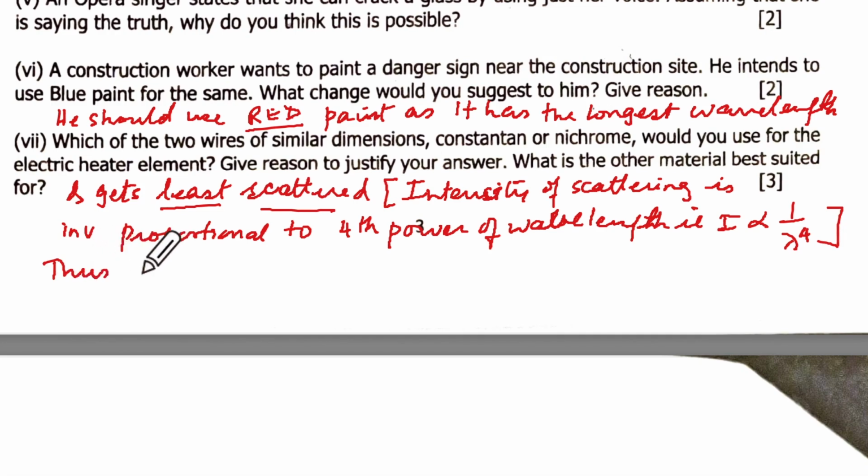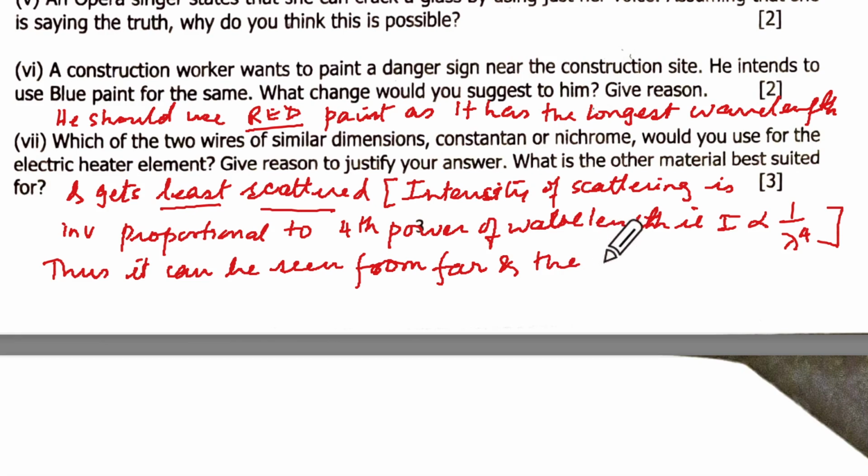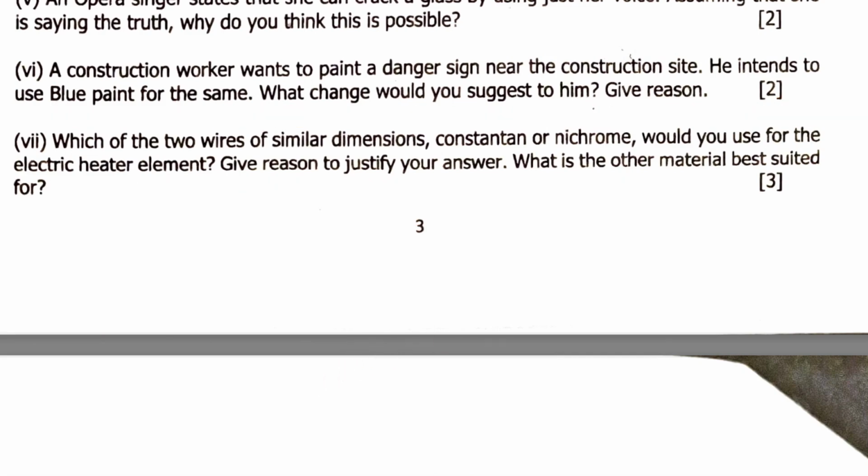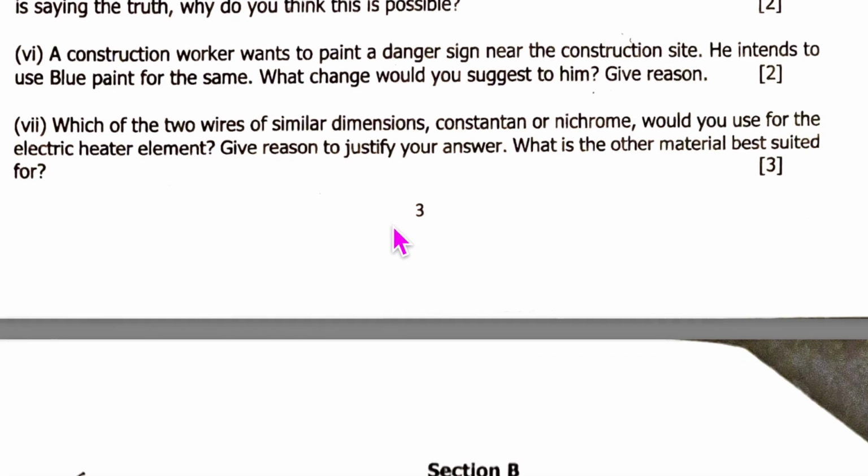Thus it can be seen from far, and the danger can be prevented, correct? Okay, do not use any fancy word. Don't say danger can be minimized, just say prevented, because you are able to see from far and you'll take adequate precaution to avoid the danger.